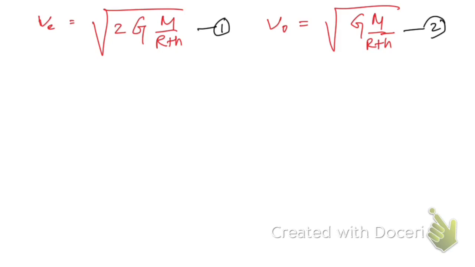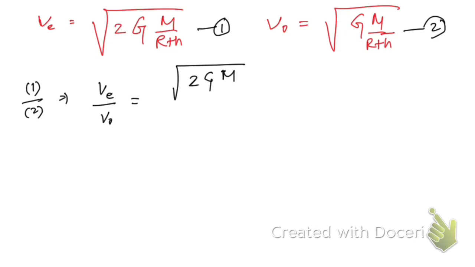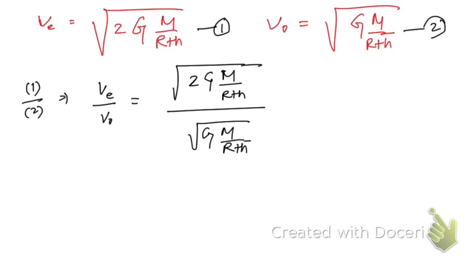Equation number 1 divided by equation number 2 gives V_E by V_O is equal to root over 2GM by R plus H divided by root over GM by R plus H. If you divide these two, you get root 2 only, and the remaining terms will be cancelled.